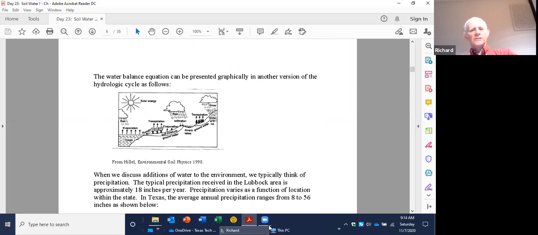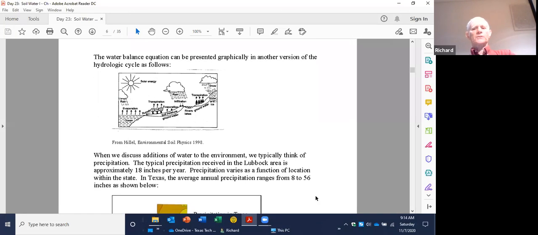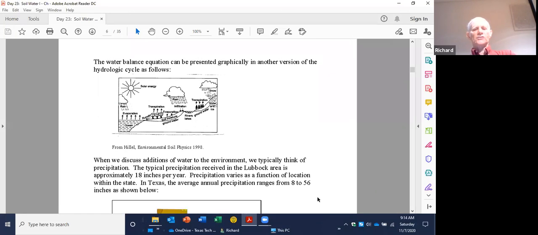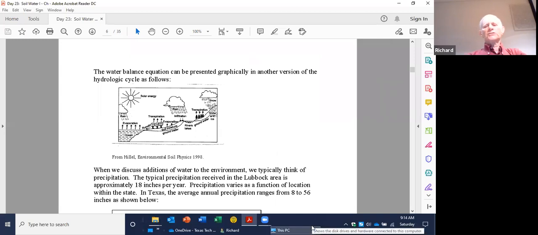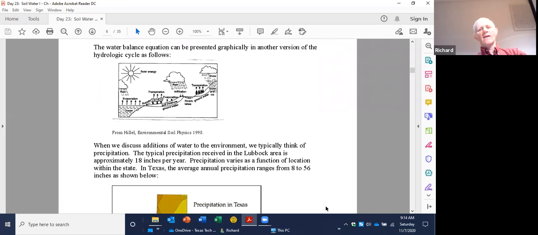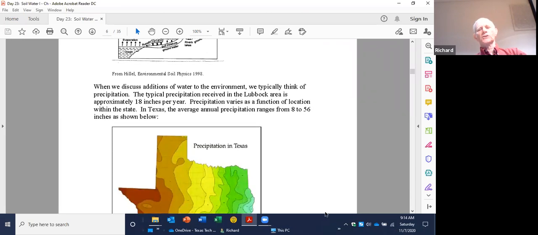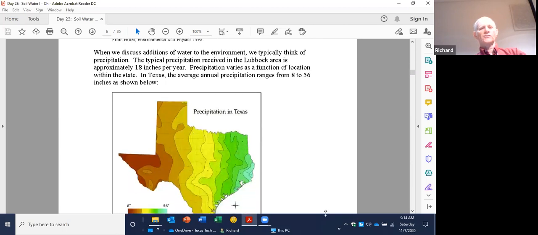When we discuss additions of water, we typically think of precipitation. Typical precipitation in Lubbock is about 18 inches per year, and precipitation varies as a function of location within the state. In Texas, the average annual precipitation ranges from 8 to 56 inches, as shown below.